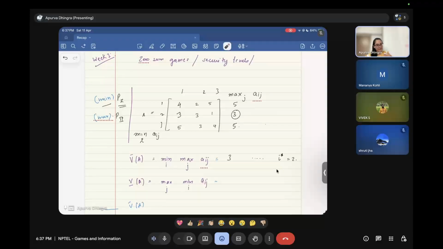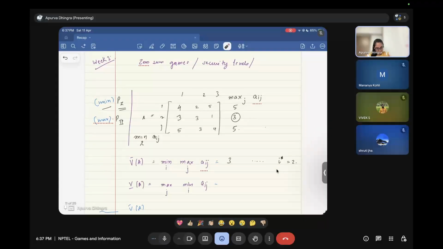Similarly, exactly the same logic turned opposite is for player 2. Player 2 is interested in maximizing his utility, meaning he wants a security level that tells him my best expected utility is not going to be lower than this particular value. That much choice I will get every time. So he'll fix a column and look at the minimum value from that column, going through each row.